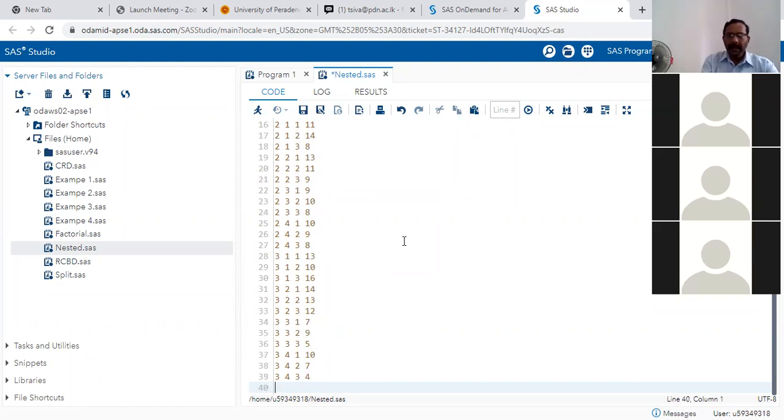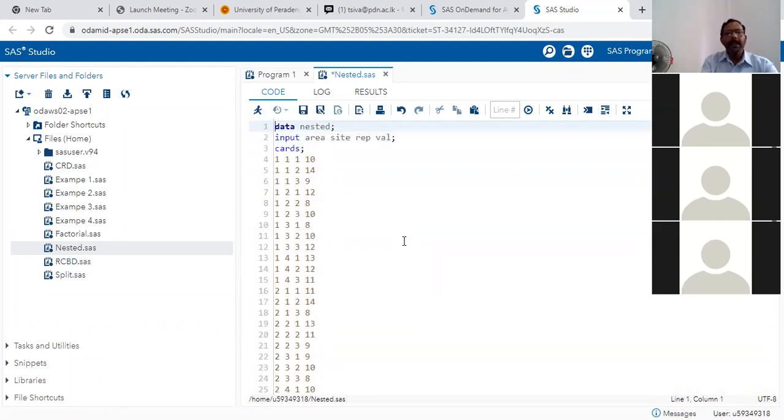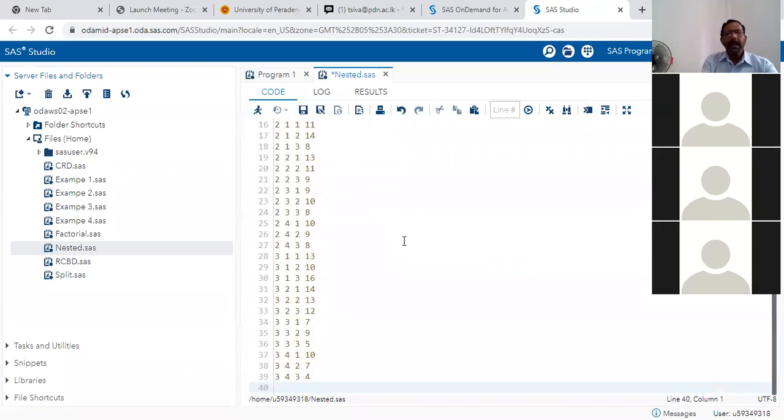Right. Is it okay with the first information? Initial introduction information, data, input statement, cards. Then a semicolon.